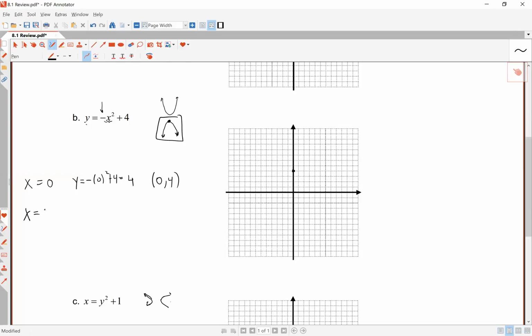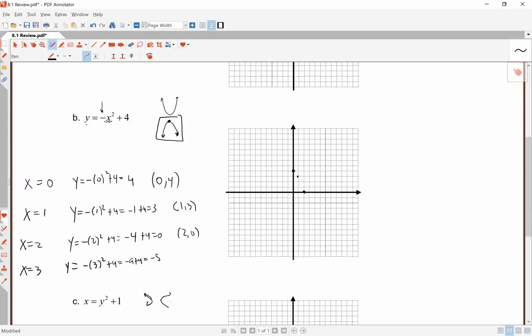And then when we plug in x equal to 1, we have the opposite of 1 squared plus 4, which is negative 1 plus 4, which is 3. x equals 2 will be the opposite of 2 squared plus 4. 2 squared is 4, and the opposite of 4 plus 4 is 0. And then x equals 3, we get the opposite of 3 squared, which is negative 9, plus 4, which is negative 5, giving us 3, negative 5.